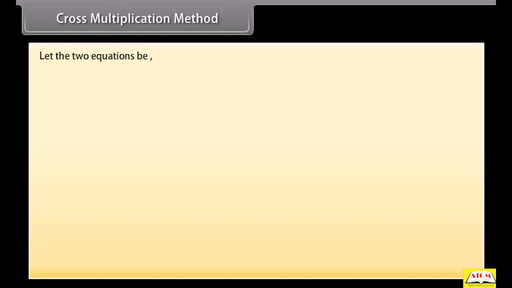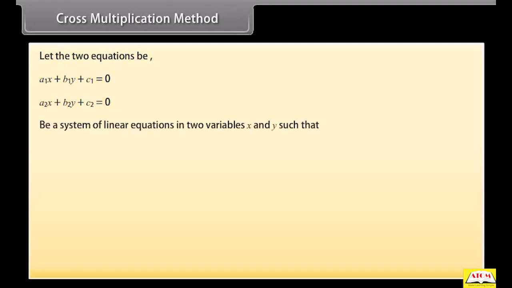Cross multiplication method. Let the two equations be a1x plus b1y plus c1 is equal to 0, a2x plus b2y plus c2 is equal to 0, be a system of linear equations in two variables x and y such that a1 upon a2 is not equal to b1 upon b2.